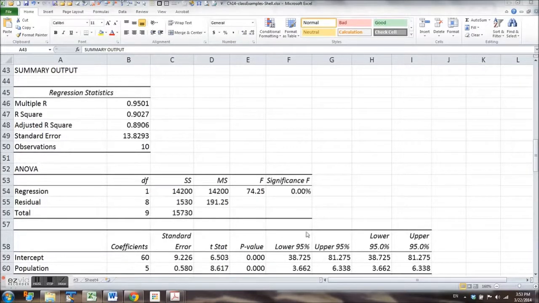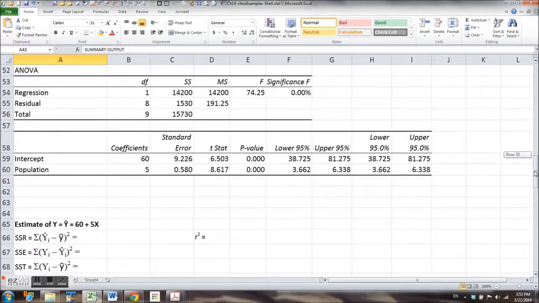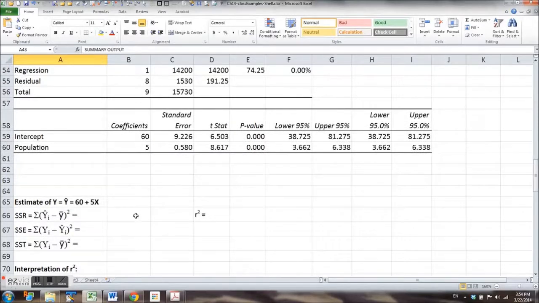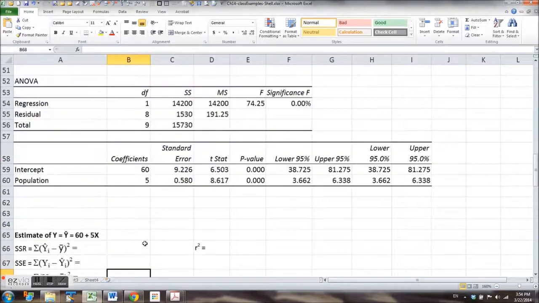the rest of the tables, not all of the information, but some of them that we need for the coefficient of determination. So first is sum of squares. Let's start from SST, sum of squares total. That information is in the ANOVA table. So total sum of squares is right there.